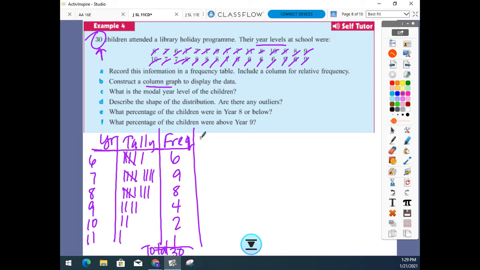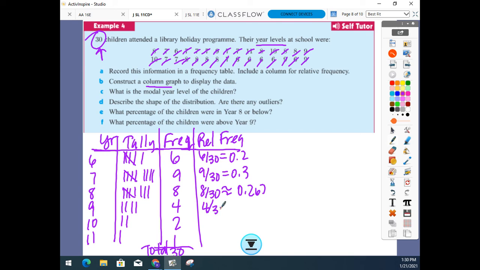Okay, then we're going to figure out our relative frequency. So we take the frequency 6 divided by our total, and that's 0.2. Then we take our 9 over 30, that's 0.3. These are both exact. 8 out of 30 is our first approximated one. 4 out of 30. 2 out of 30.